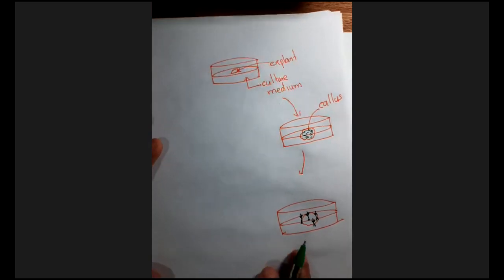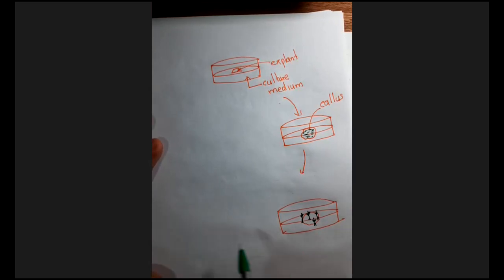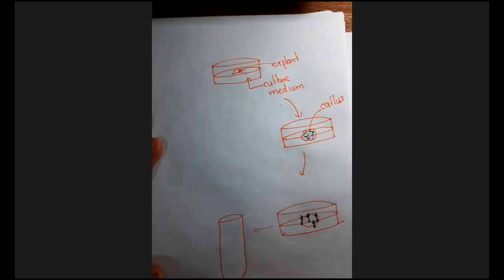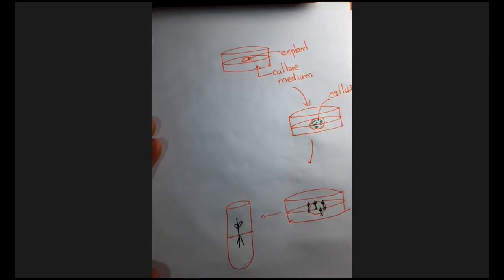After a certain size of growth, we separate them and transfer them to a separate medium like this. Individually, 4, 5, 1, 1, 1, 1, like that.